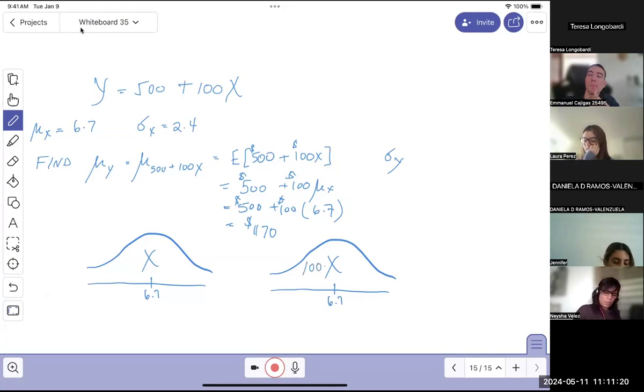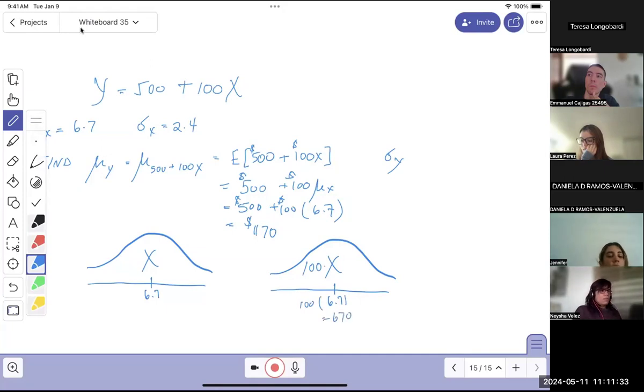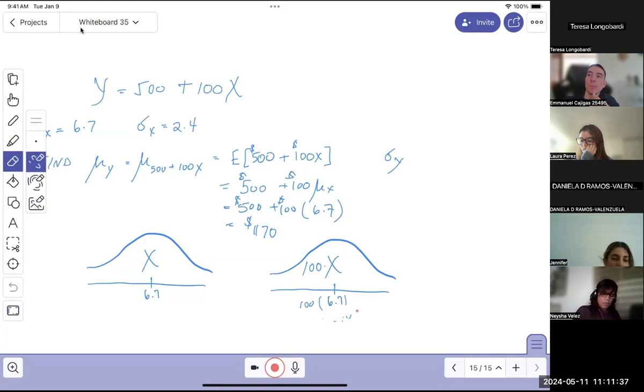Does it look the same? What happens to the mean? Let's start there. 6.7 times 100 becomes what? $670, okay. So I'm going to replace that with 670.